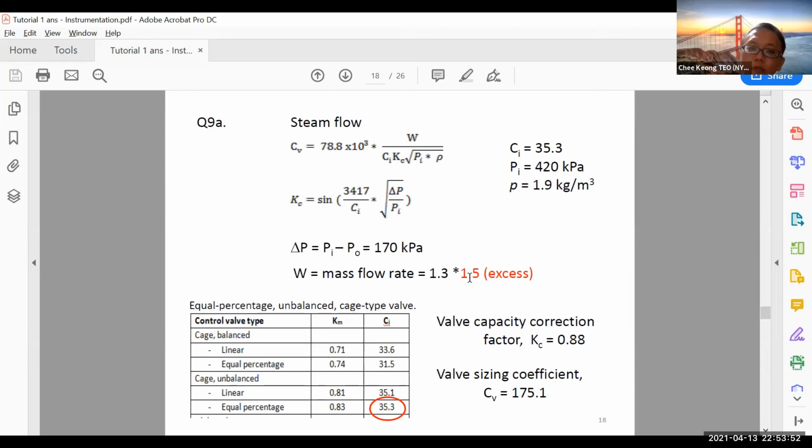Remember, this is steam flow, so we multiply by 150%. So it's 1.5 times in excess. So instead of using the original mass of 1.3, we use 1.3 times 1.5, right? So with everything factored in, then you do a calculation.